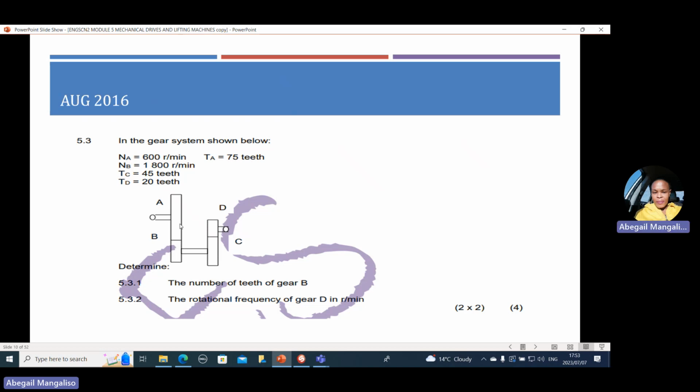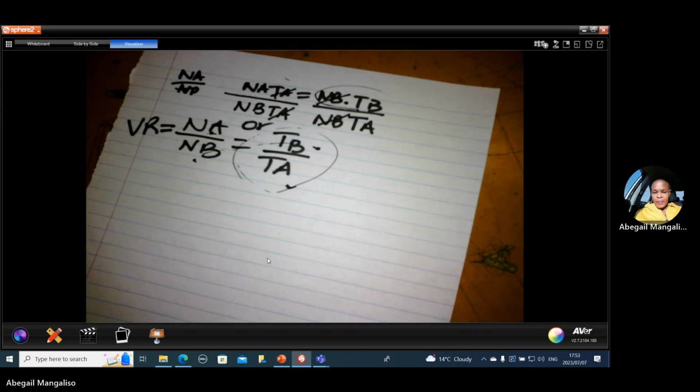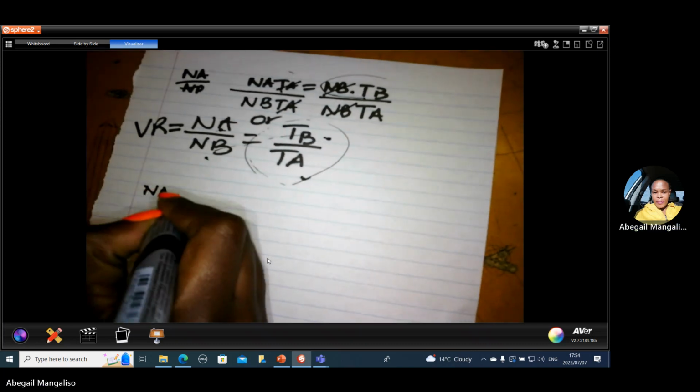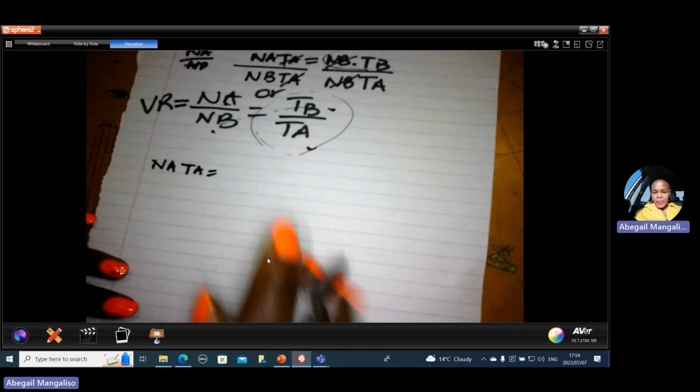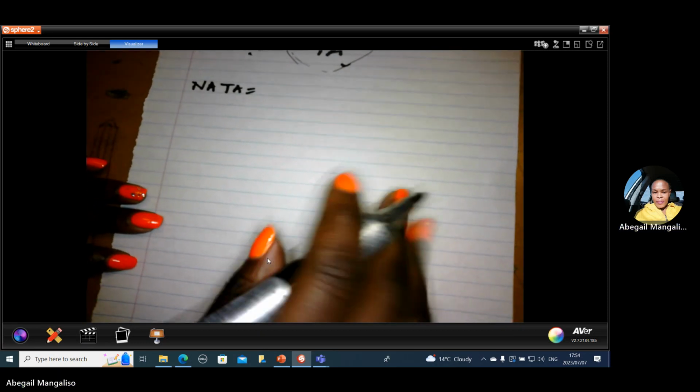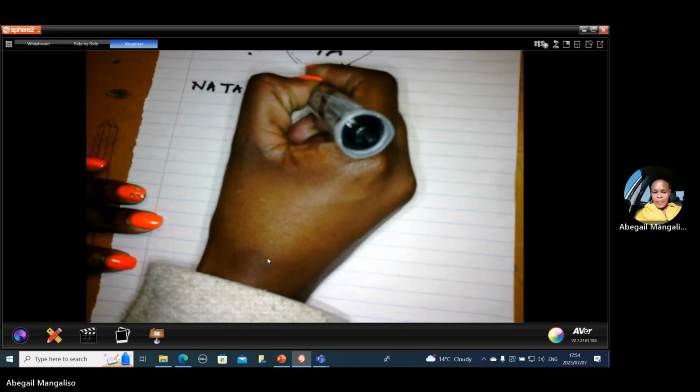We cannot use that formula between A and C because A is not in mesh with C. Between A and B, the formula will be NATA equal to NBTB.